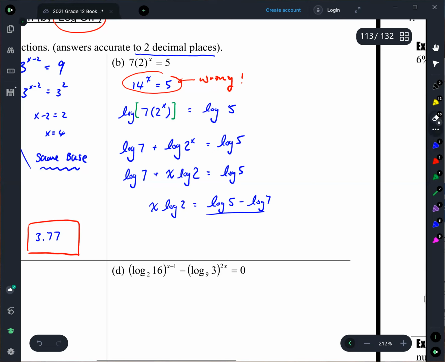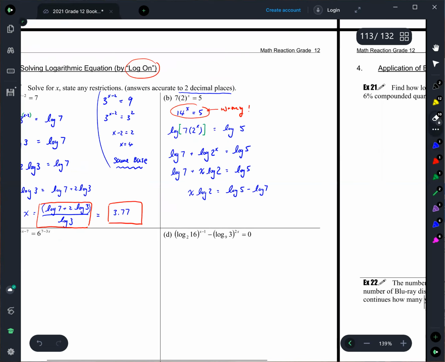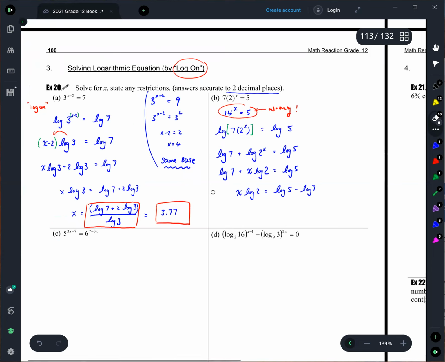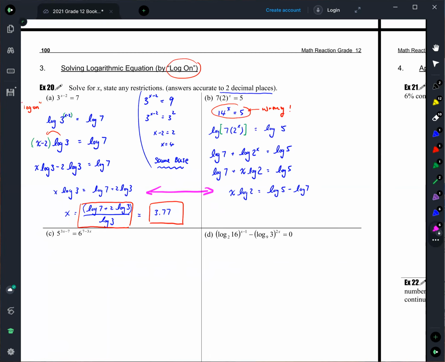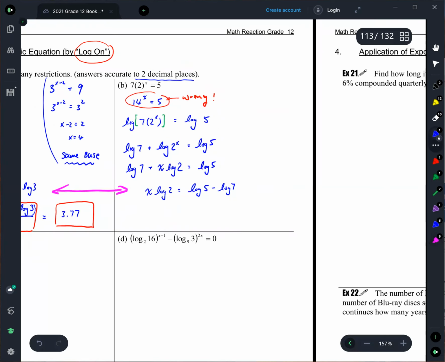Okay, and then, so we are at a step, same step, kind of like this one, right? Similar stage, right? X log 2. On the left side, we're x log 3. Okay, so we just divide both sides by log 2. Okay, we'll type it into the calculator once again.